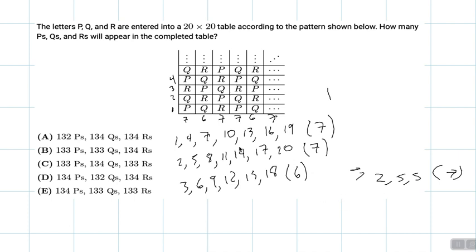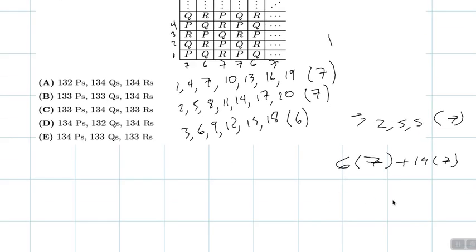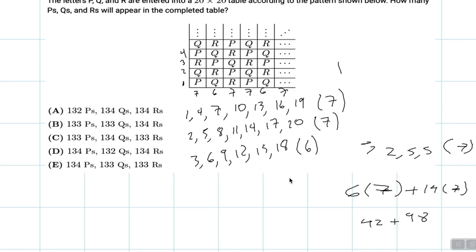So given that information, 7 times it's going to show up, 6 times in a column, and then all other times, 14 times it's going to show up 7 times. So we have 42 plus 70 plus 98. Yeah, but is that right? That's not one of the options here.